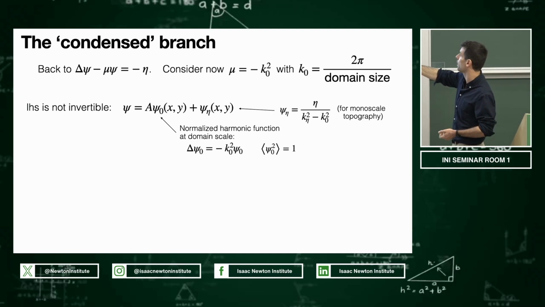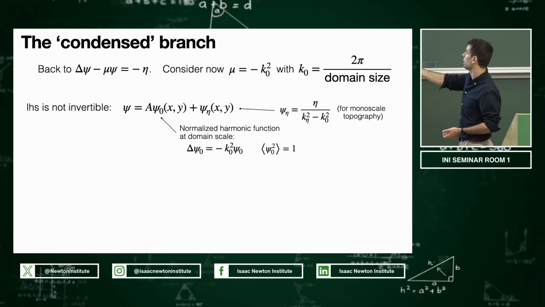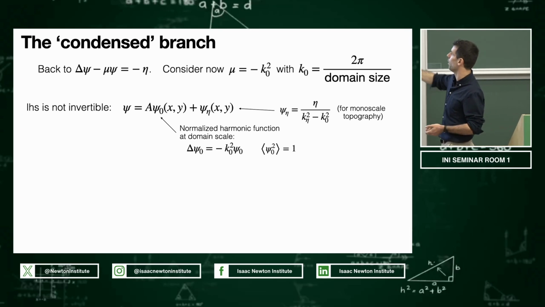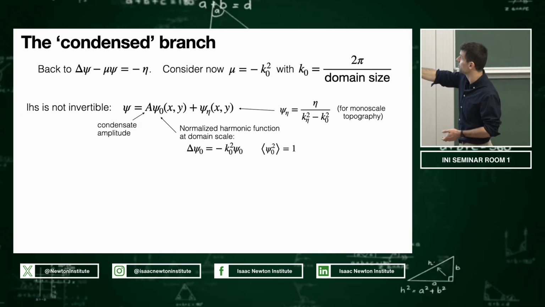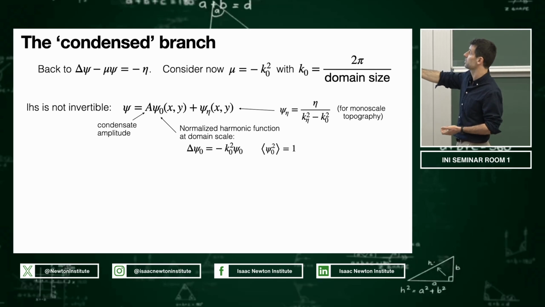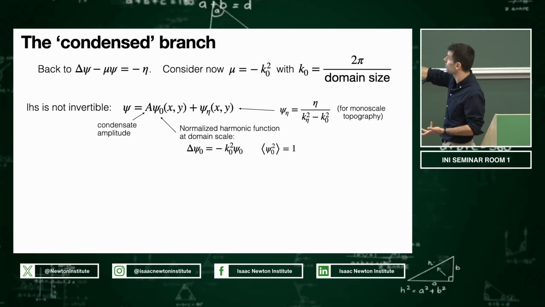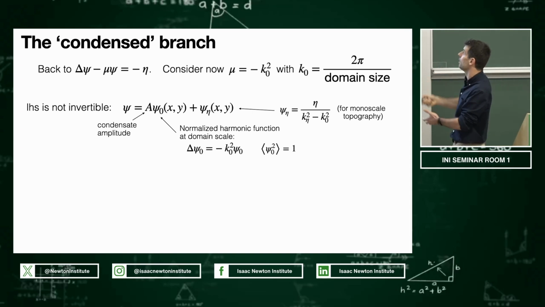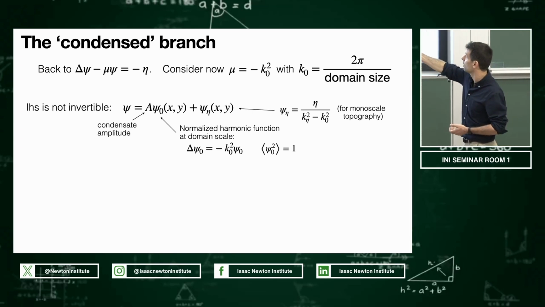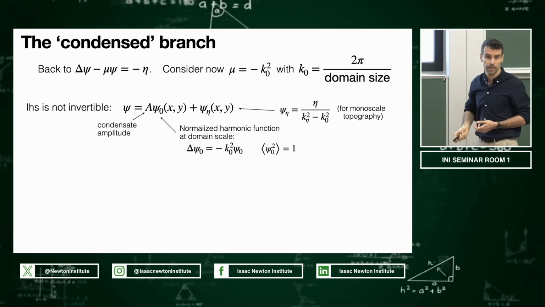Laplacian psi 0 equals minus k0 squared psi 0. And I chose it to be normalized to 1. Okay, and then there is an amplitude here, which I will refer to as the condensate amplitude. Because indeed, if you look at psi eta here, this is small-scale stuff. This is at scale k eta of the topography, but this is a large-scale condensate at the domain scale.